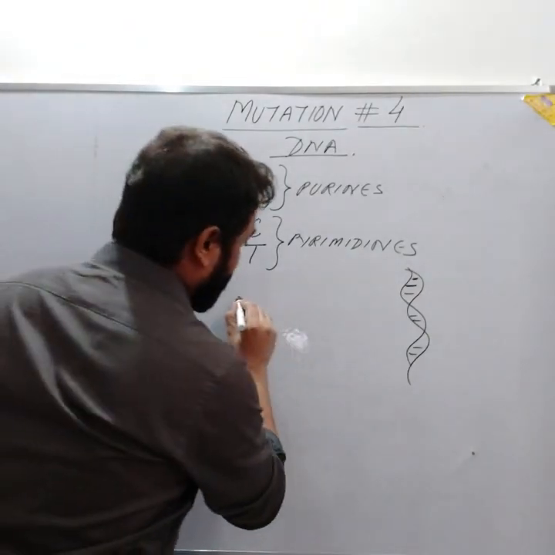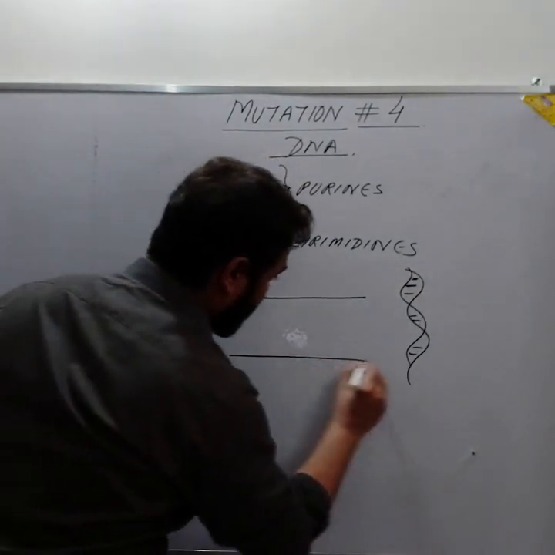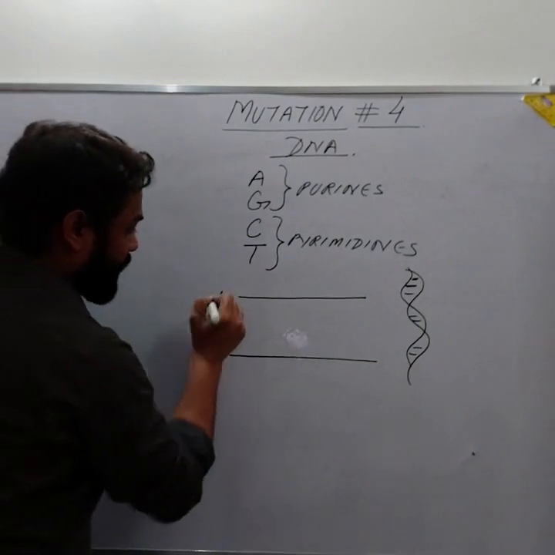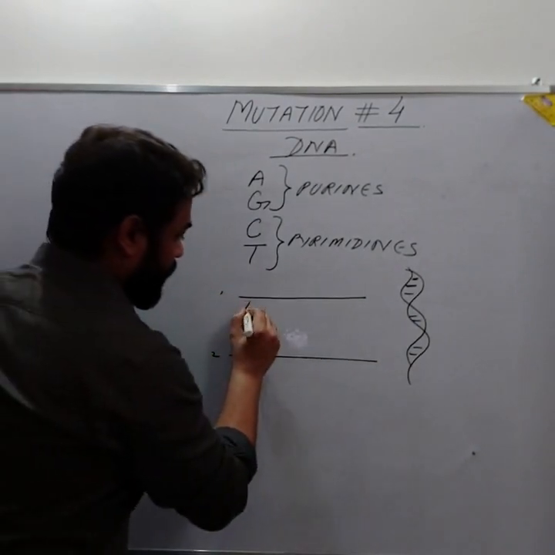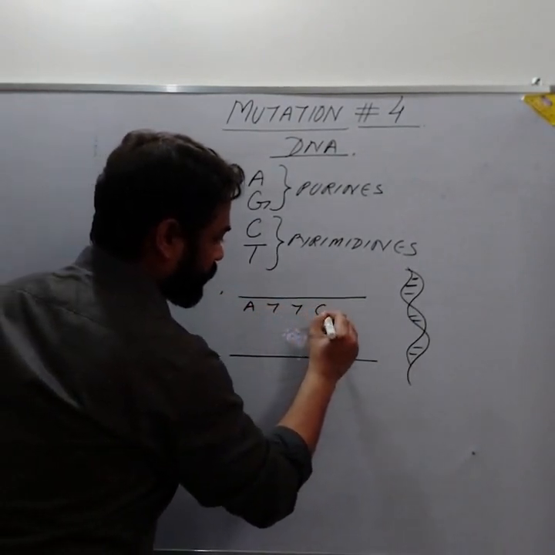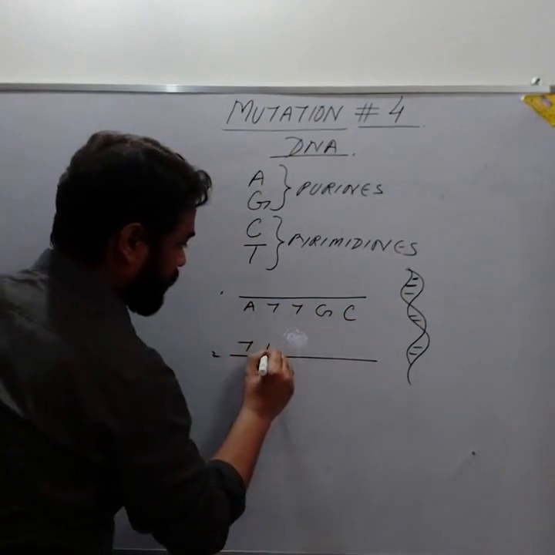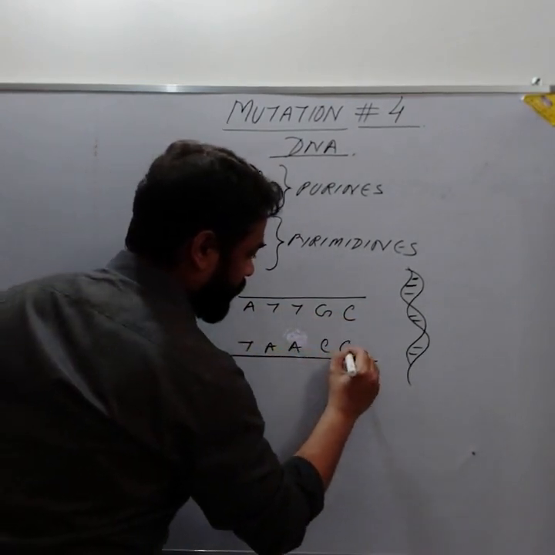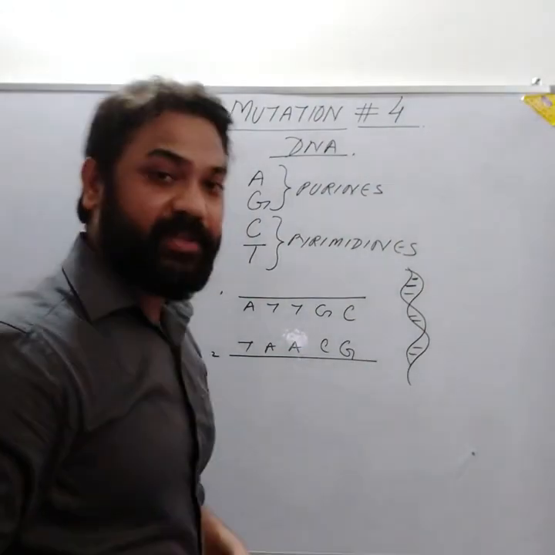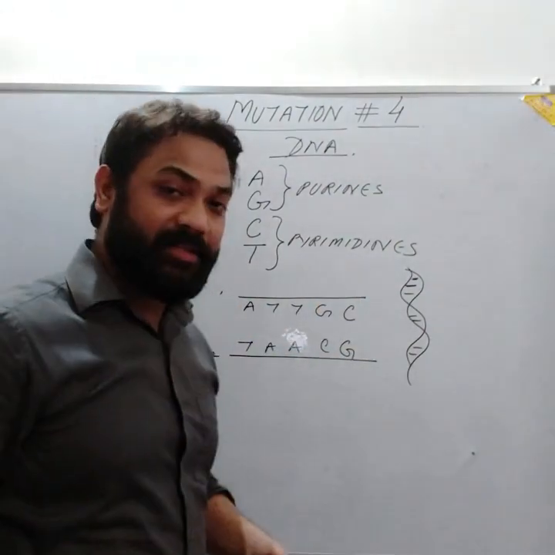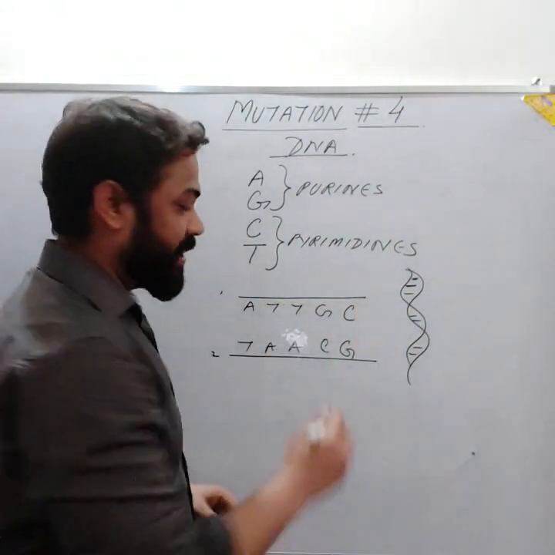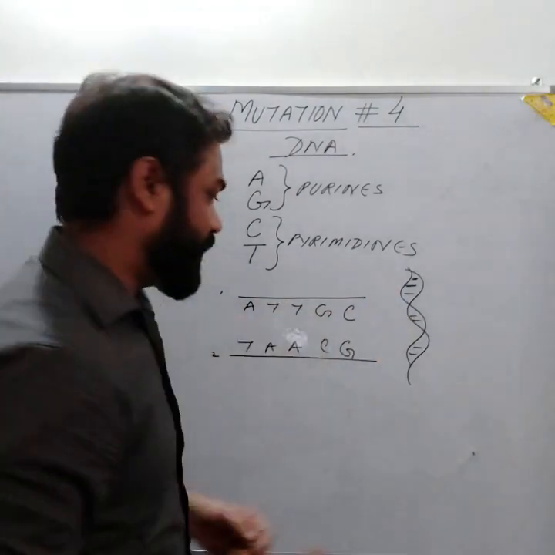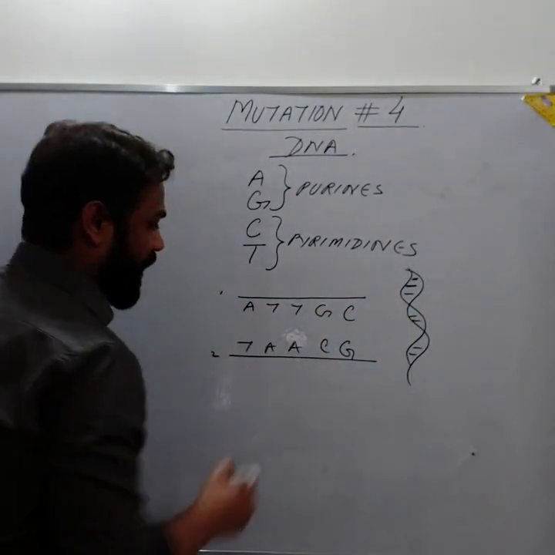So if I draw two strands of DNA, suppose this is strand number 1 and this is 2. This is how we draw a simple structure. We have not drawn the helical structure, just for simplicity we have drawn two straight strands, and in between we have the hydrogen bonds.